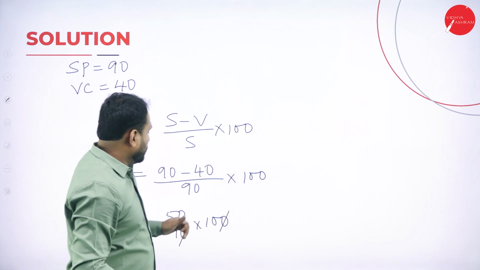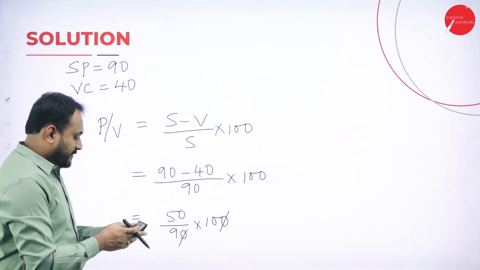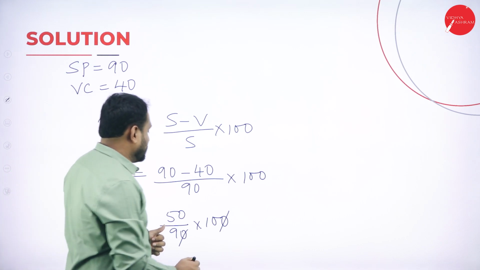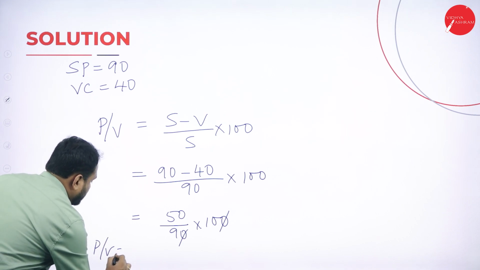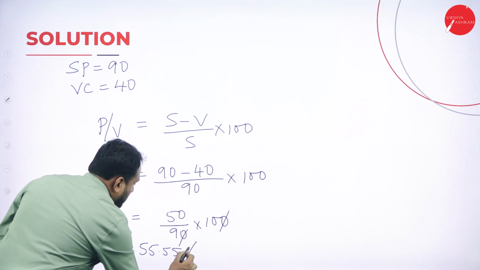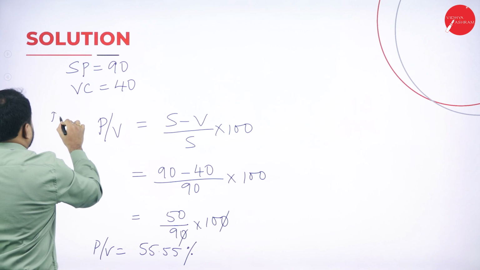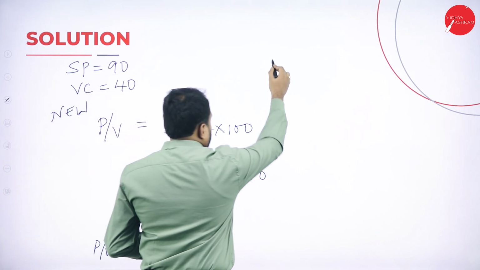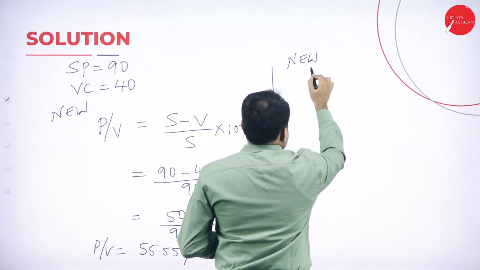The zeros cancel, so 500 divided by 9. I got 55.55%. So my PV is equal to 55.55%. Now this is my new PV.